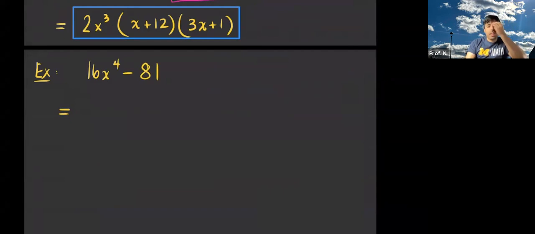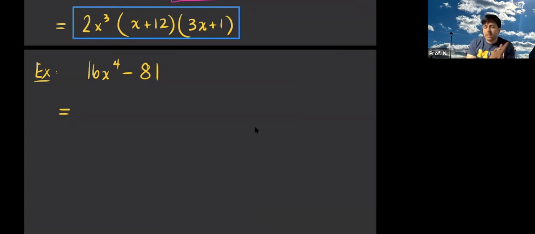How about 16x to the fourth minus 81? What do I do here? Anybody recognize 16 and 81? Those two numbers are called what?